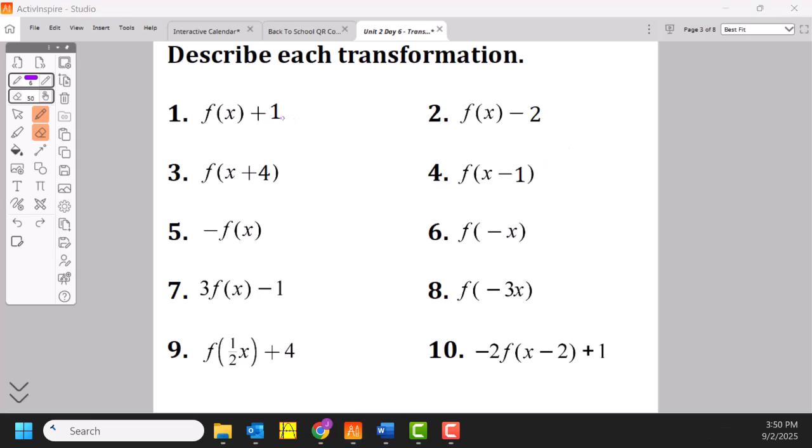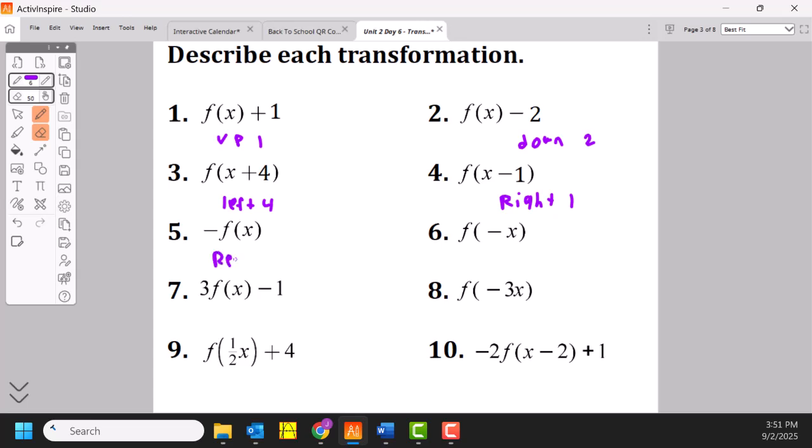First one, it's adding 1 on the outside, so this is just shifting it up 1. Second one is subtracting 2 on the outside, so down 2. Third one is +4 on the inside, so that's going to be left 4. And the fourth one, we have -1 on the inside, that's going to be right 1. 5 and 6 both have to do with reflections.